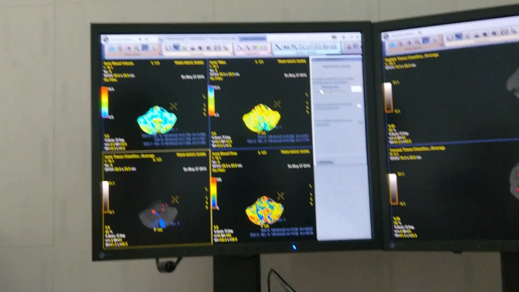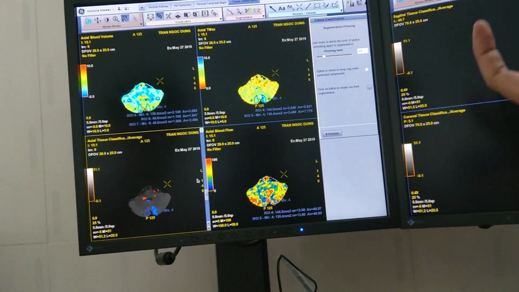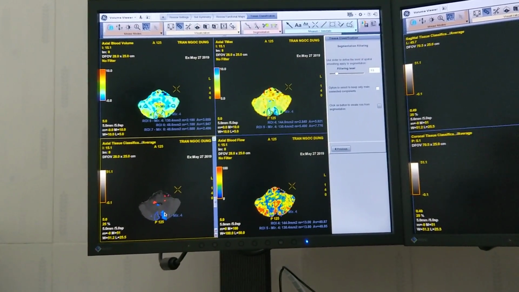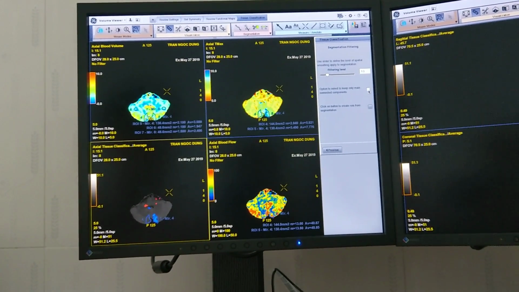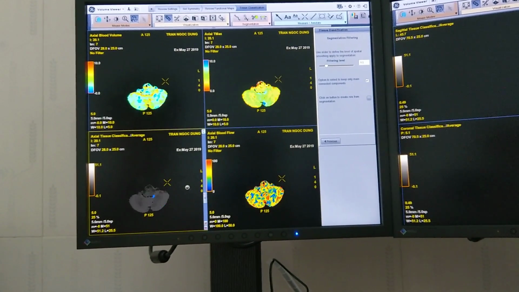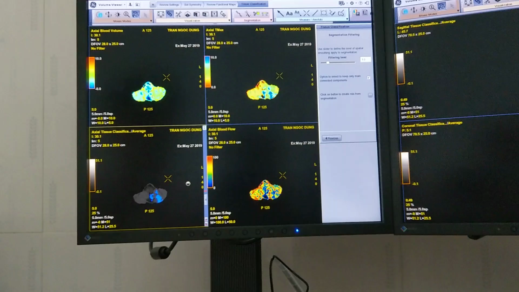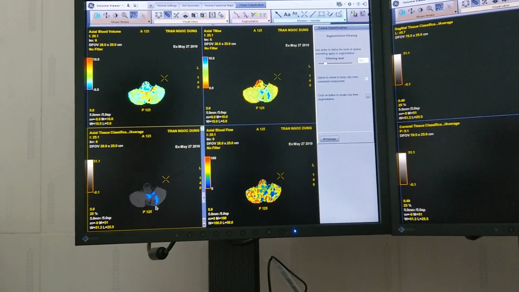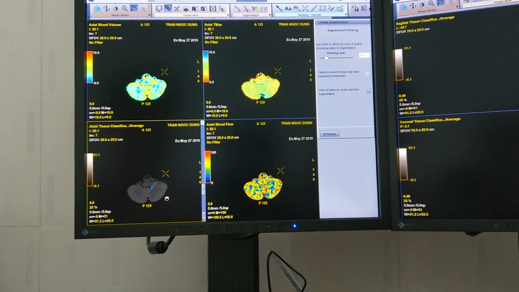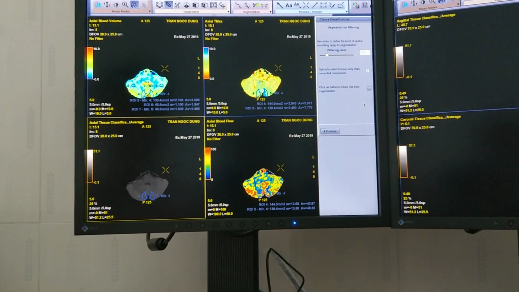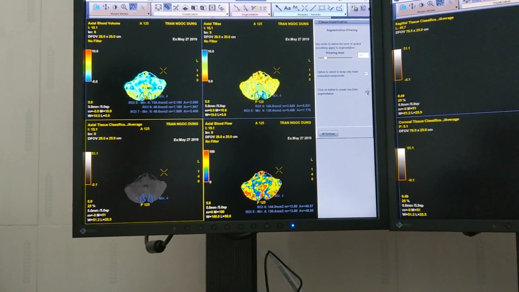Then when you have next, you want to calculate the volume of the map. And you can click here. Nothing, right? No. So this is nothing.